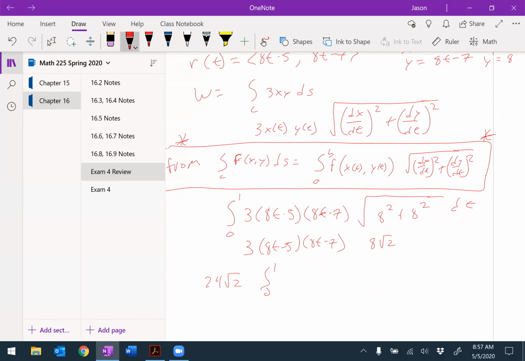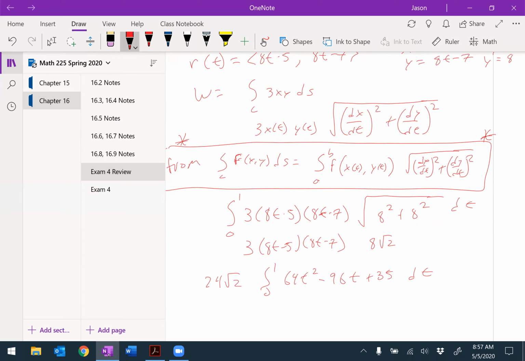And so this is going to be 64t squared, minus 12 times 8, which is 96t, plus 35 dt.